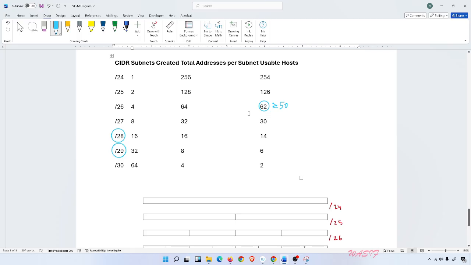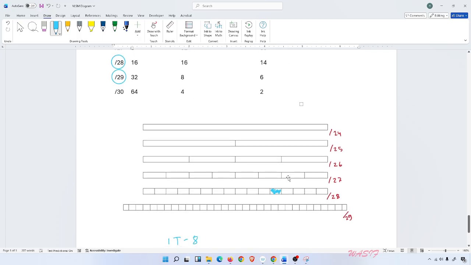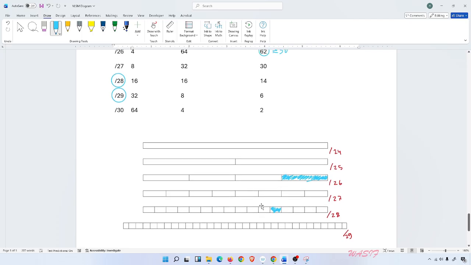So what is the value? It's /26. I can take 1 from /26. I will take this portion, not this one, because I want to show you something.